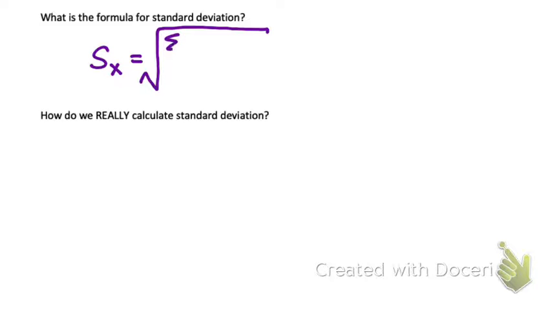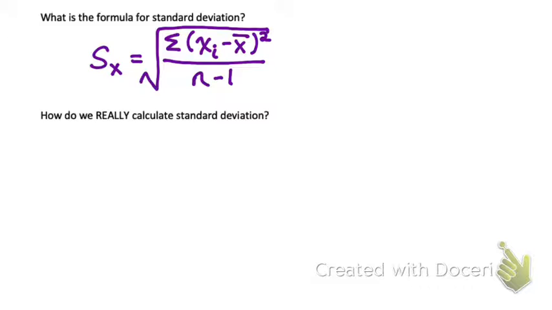You do the summation, that's that sigma guy, of x sub i, so that's each x value, minus the mean, x bar, squared, divided by n minus 1. So this is the non-lazy version of standard deviation. Basically, what you do is you find the mean of the distribution, just like we did a second ago. You find out how far it is from each individual number. Now, you take the number in the distribution and subtract the mean.